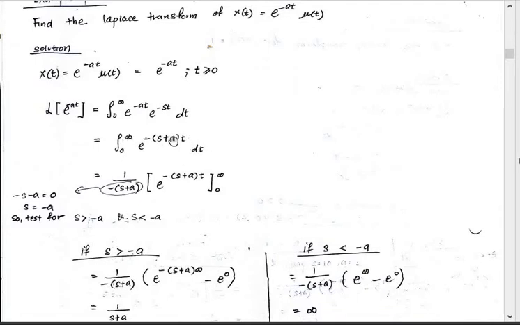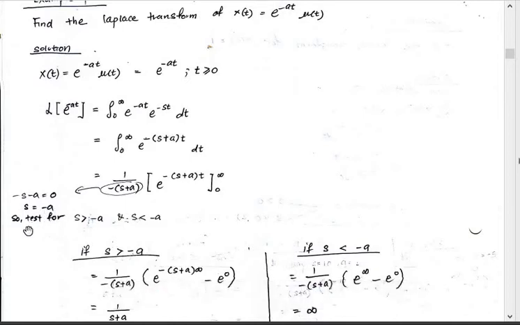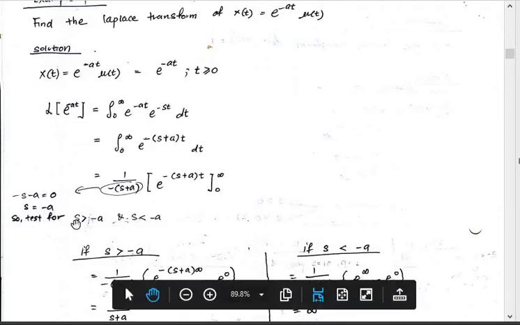So this one we need to test. After integration it is 1 over negative s plus a, so this one we will test. So negative s minus a is equal to 0, so s is equal to negative a. We need to test for s more than negative a and test for s less than negative a.